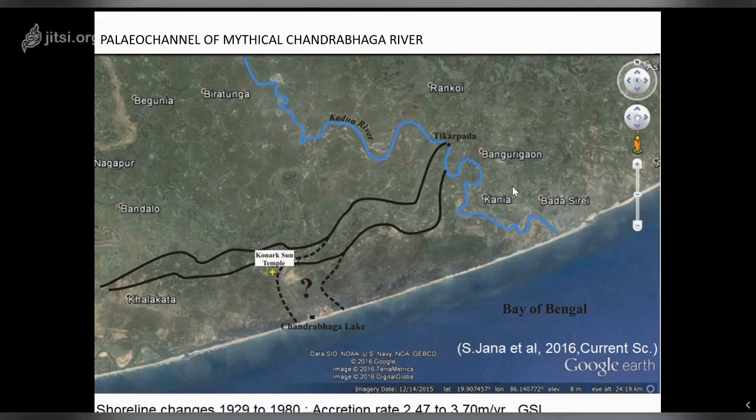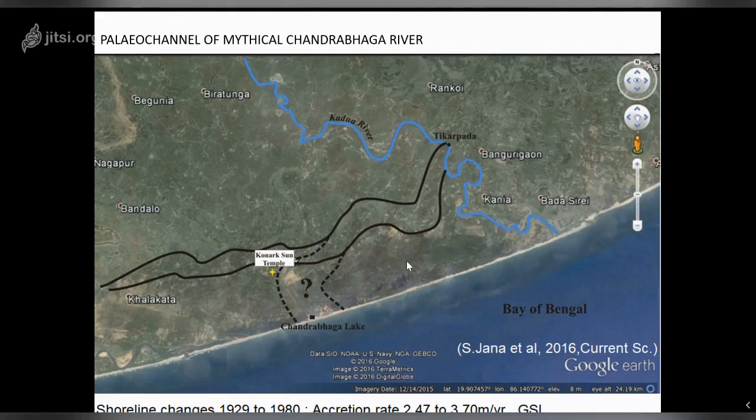But another interesting part of the story is that Konarak temple was constructed much nearer to the shoreline. And the shoreline here has been accreting during the late Holocene period. There was a study taken up by the Geological Survey of India, Bhubaneswar, Odisha unit.